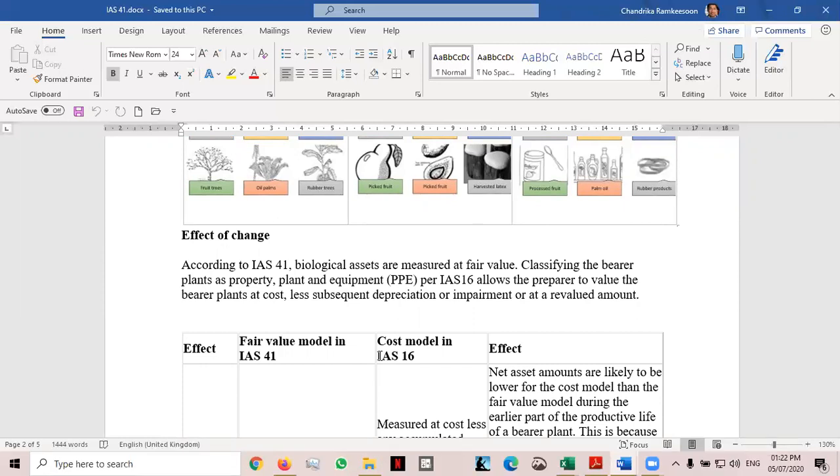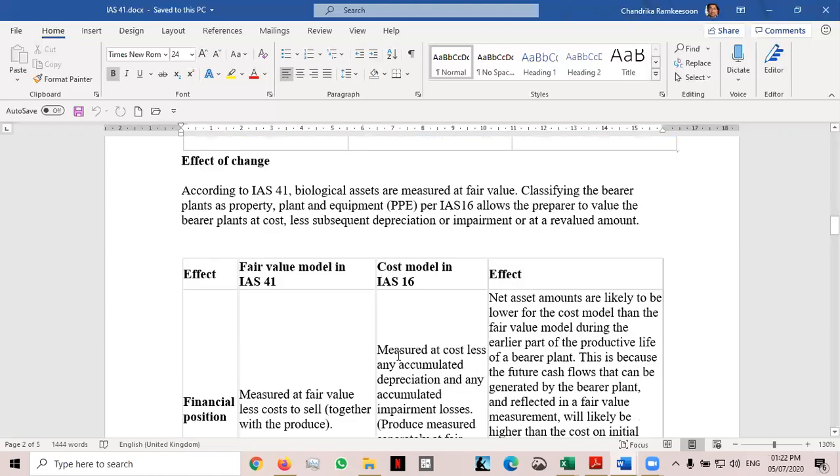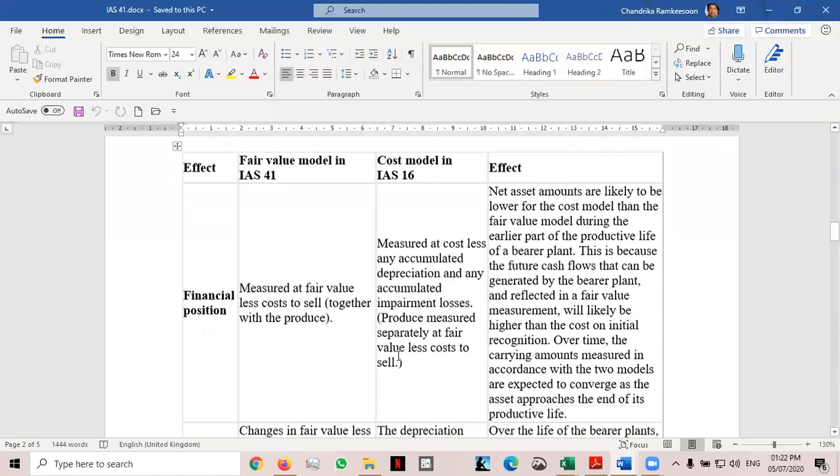Well, that's right, because of course, if an asset is classified under IAS 16, it must be valued according to IAS 16. So cost less depreciation or impairment. Of course, we are yet to look at IAS 36, which deals with impairment.